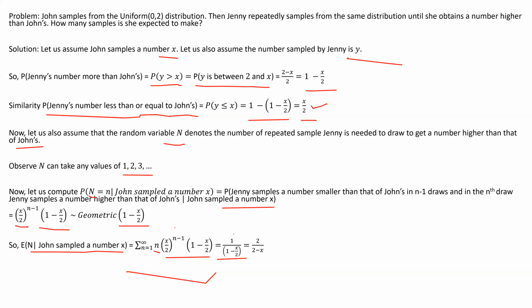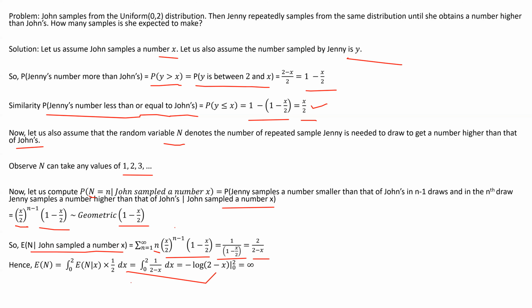Also, if you are aware of the geometric distribution, for geometric P, where P is the probability of success, the expectation is basically 1 by P, which in this case, P is equal to 1 minus x by 2. So that becomes 1 by 1 minus x by 2, which resolves into 2 by 2 minus x. So now we know that this is the expected value of N, given that John has sampled the number X.